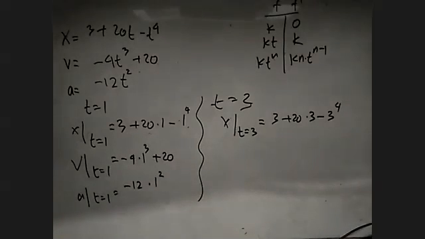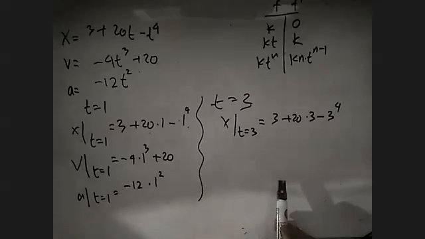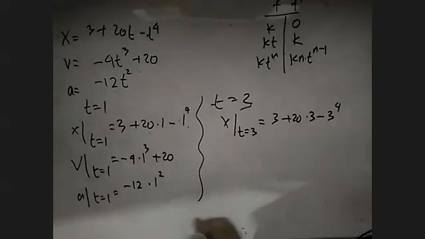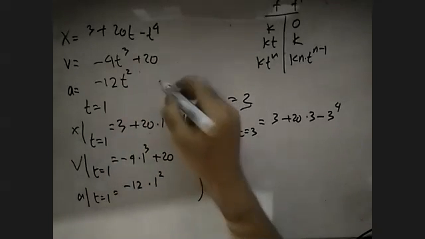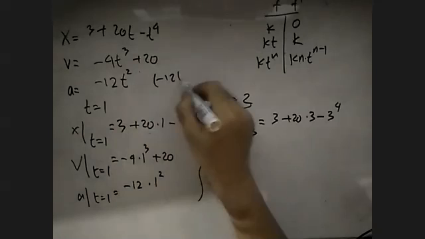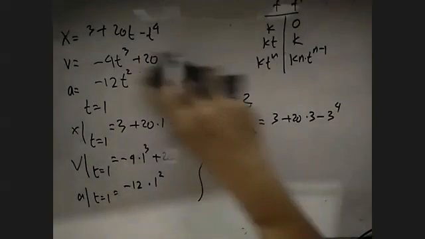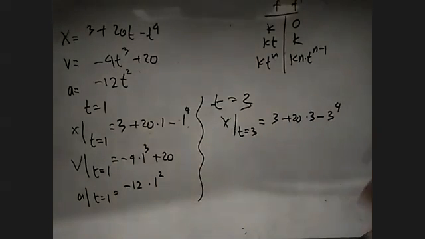Remember, power has higher priority than multiplication. Make sure that you put them correctly in your calculator. There is a difference between negative 12t squared and negative 12t being squared. Just be careful about how we put them into the calculator. Up until this, any questions?